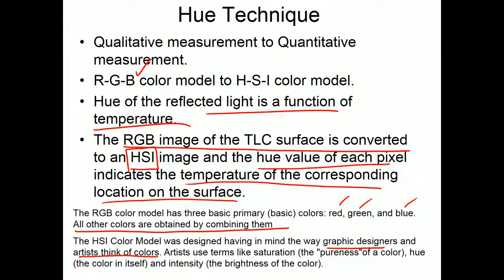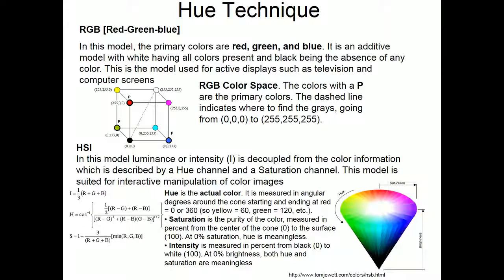That is why it is called the HSI model. In the RGB model, the primary colors are red, green and blue. It is an additive model, which means all other colors are added.